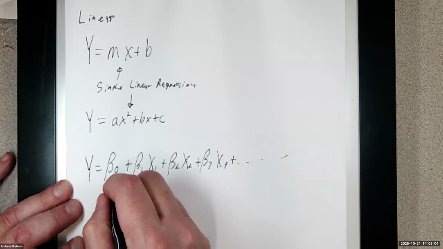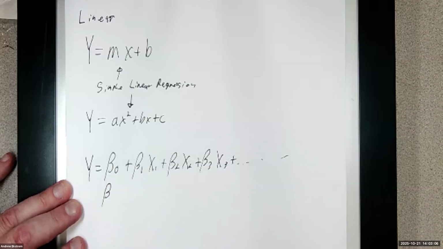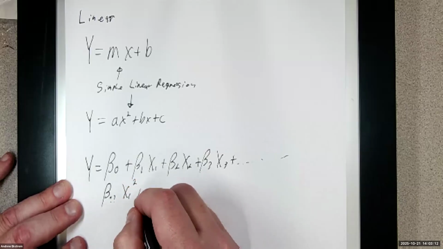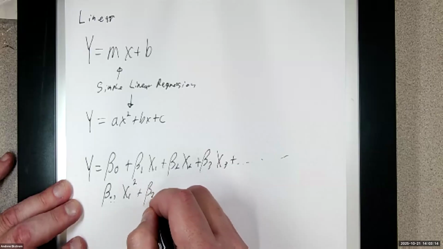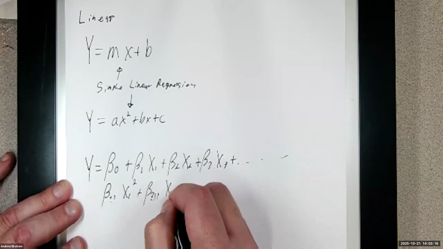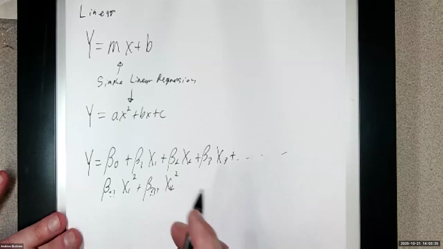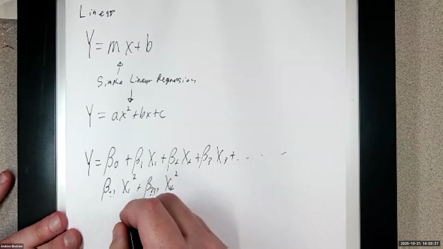At some point, we can get into beta, I don't know, then say x1 squared plus beta something else, x2 squared, and so on. Once we start looking at a model like this, we start to call this a multiple linear regression.